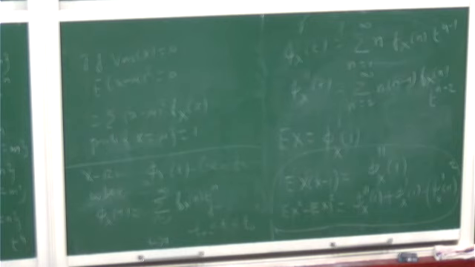So if we have a negative binomial distribution, for example, then E of X, we just have to differentiate that formula. We have that formula. Where is it? I have erased it.